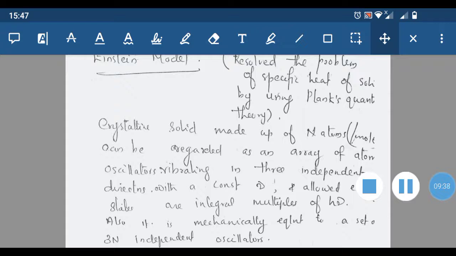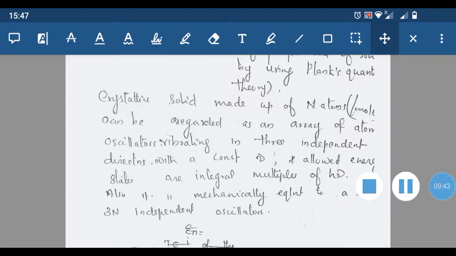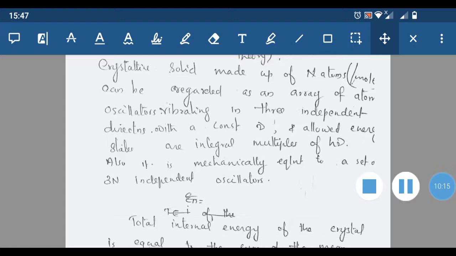A crystalline solid made up of N atoms per mole can be regarded as an array of oscillators vibrating in three independent directions with a constant frequency nu, and allowed energy states are integral multiples of h nu, or it is also mechanically equivalent to 3N independent oscillators. So in the classical theory we treated the harmonic oscillators as having continuous energy, but here we are treating the harmonic oscillators as having energy in integral multiples of energy.